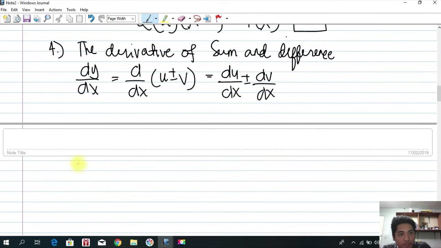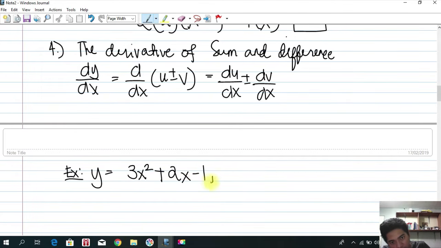Okay, so for example, we have here y is equal to 3x squared plus 2x minus 1, and find the dy over dx of that function.